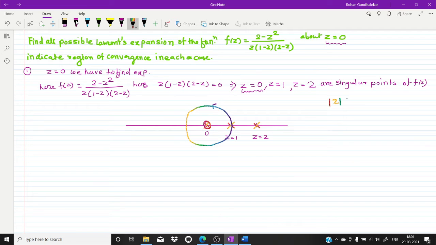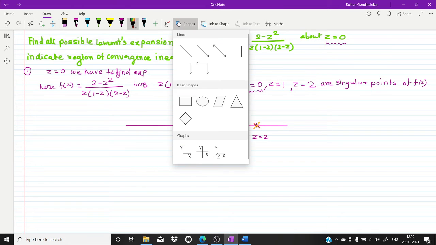Mod z is equal to 1 is the equation of the circle. The next radius would be 2, because this point should lie on the boundary of the circle. We try to plot the shapes.